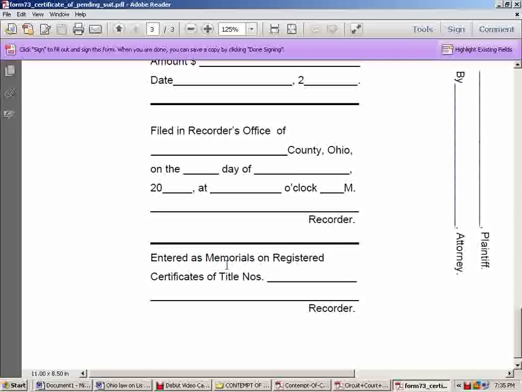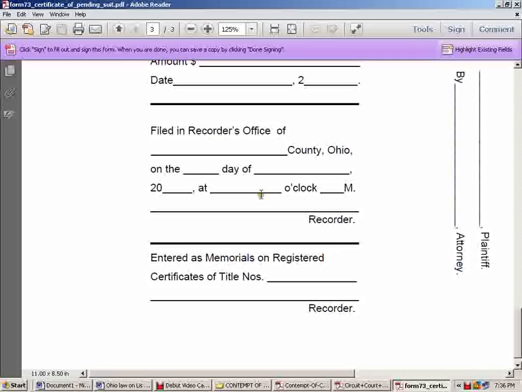Then you would surrender your warranty deed to the register of titles, who would then produce a new original certificate of title in your name and give you the owner's certificate of title for you to take with you. So you would have a certificate that said you're the owner. We ain't got that.